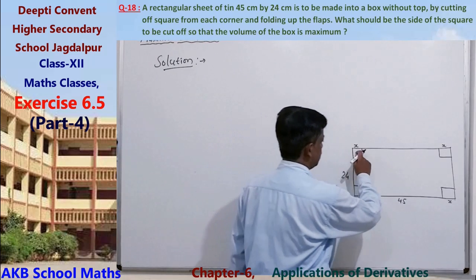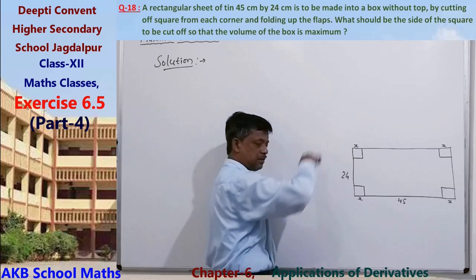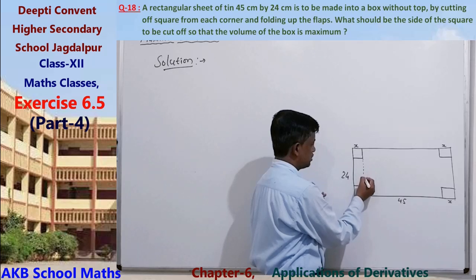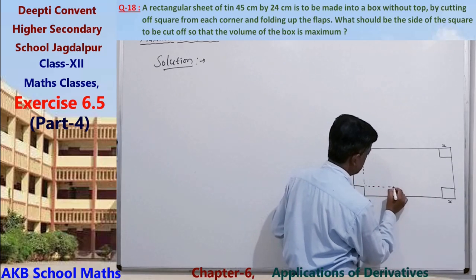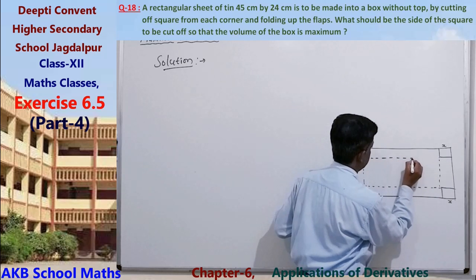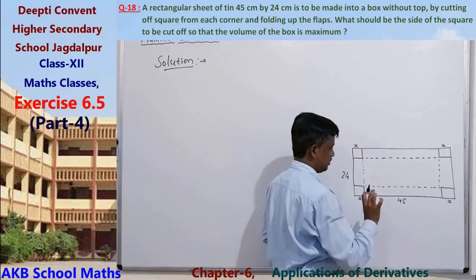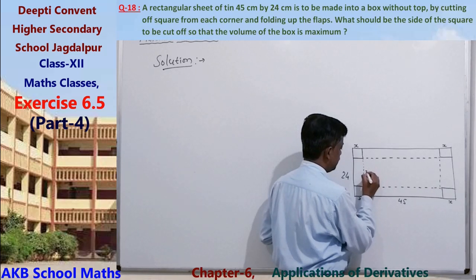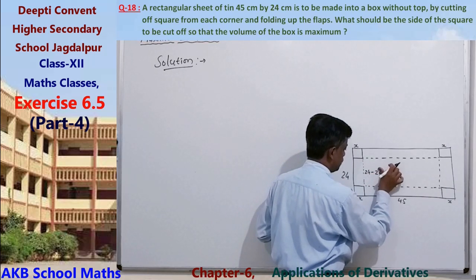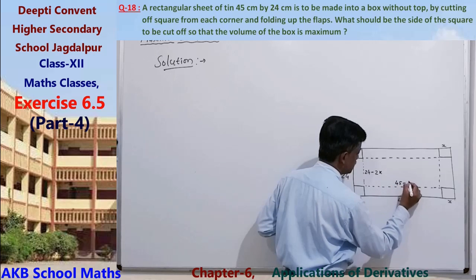So if these are the 4 squares cutting off, the side of the square is x centimeter, then the height of the box will be x centimeter, and breadth 24 minus 2x, and similarly 45 minus 2x.